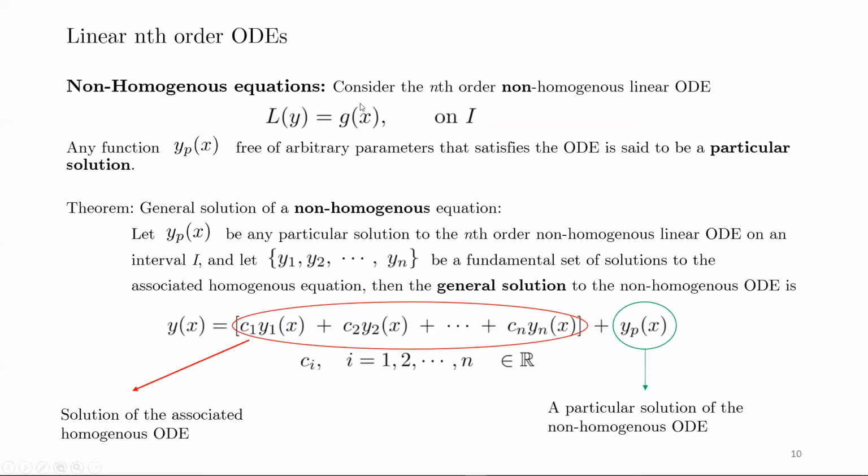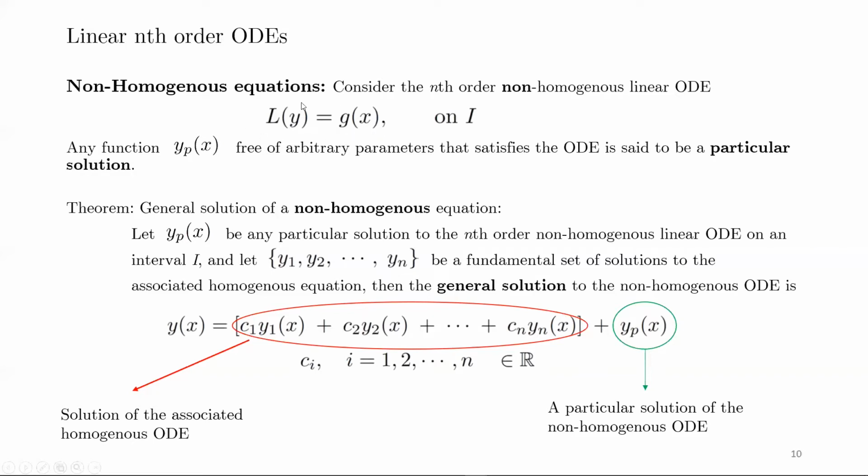So this is quite a powerful theorem here, the general solution of a non-homogeneous equation, because it says that we can break up this general solution into two parts. Firstly, we can find this term that depends on all these arbitrary parameters c1 through cn. We can find that just by solving the homogeneous version of this equation, so basically pretending g of x equals 0.